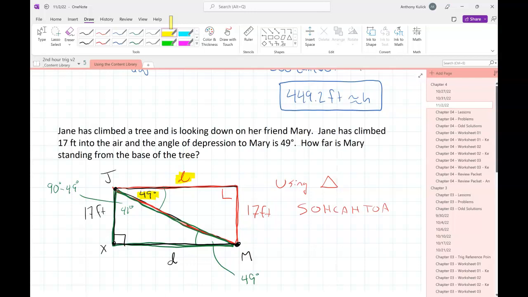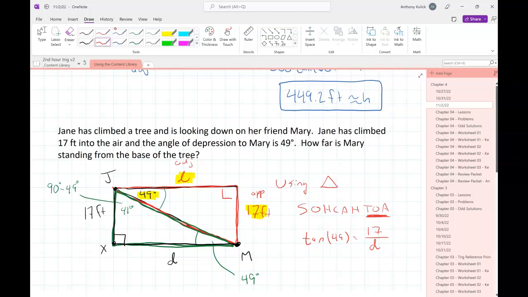Relative to 49, what is side D? Opposite, adjacent, or hypotenuse? Okay, that's adjacent. And then the other side, we know the 17, that is opposite. So we should be using tangent. So far, so good?